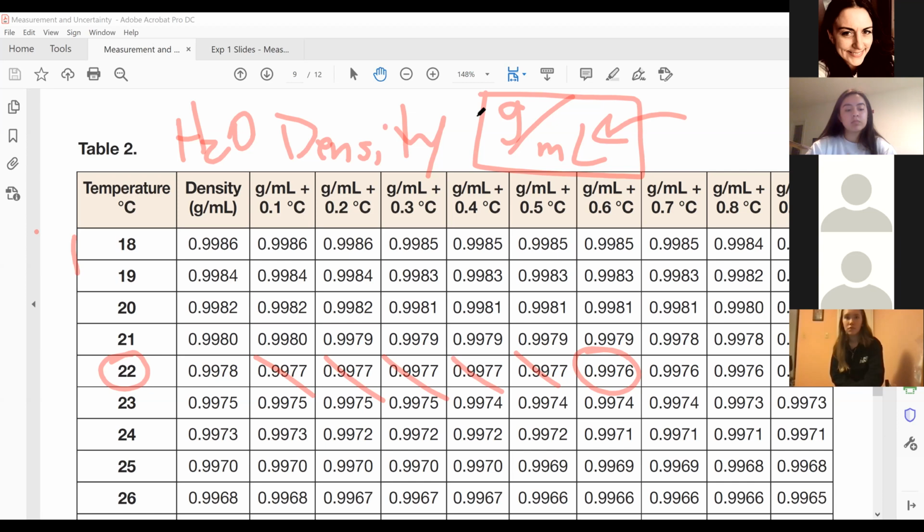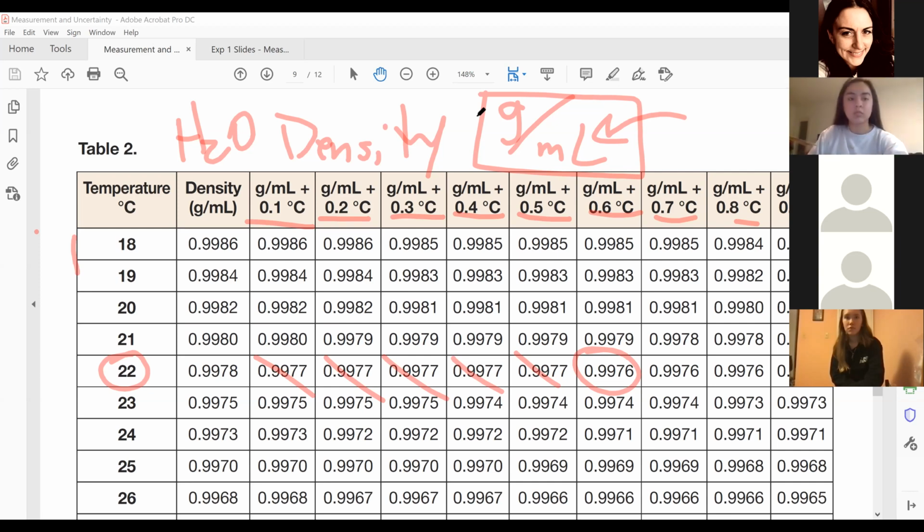So if we measure our mass of water, we can then convert it to milliliters of water. I don't understand. Maybe it's just because I didn't review this chapter well enough, but I understand the part up until you start counting over to the right, however many places you're going. How do you know to do that? Oh, because it says right here. And how do you know how many? 0.1, 0.2, 0.3, 0.4, 0.5, 6, 7, 8. Okay, but whatever temperature of the room we're in.